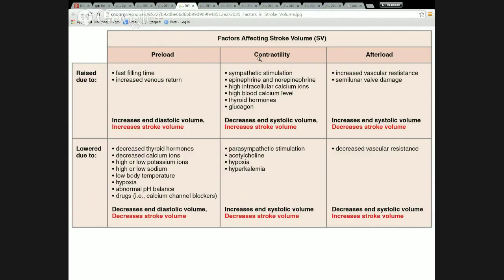Contractility is something different. As I was describing preload, if we stretch the sarcomere out, we get more contraction. That's not actually what contractility is getting at. Contractility is about getting more contraction out of each action potential in the muscle fiber.